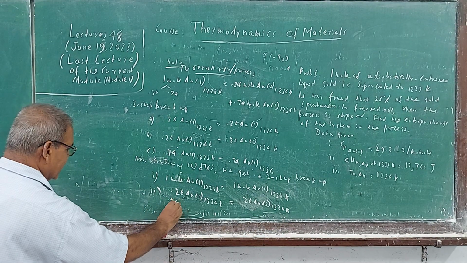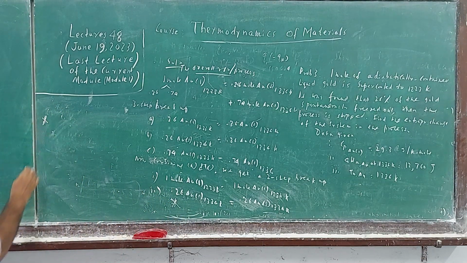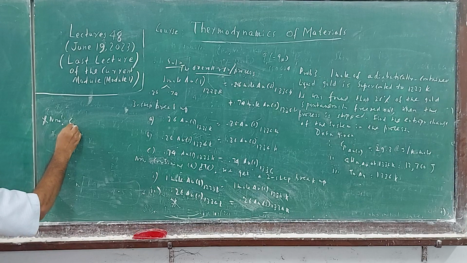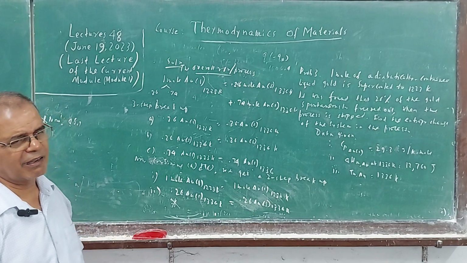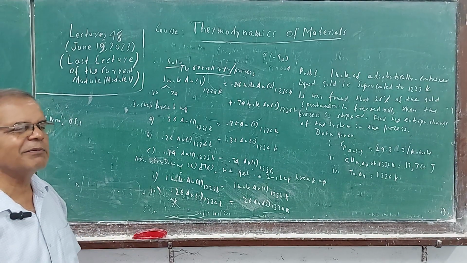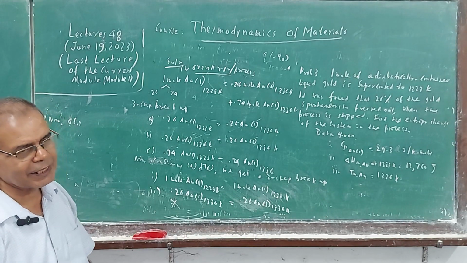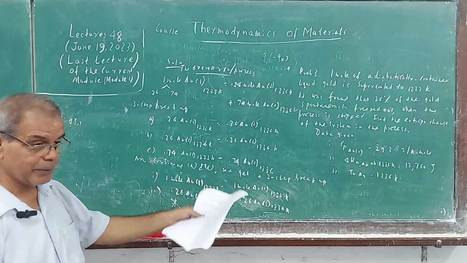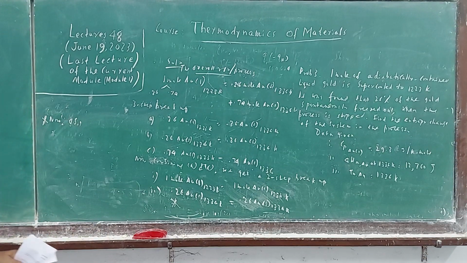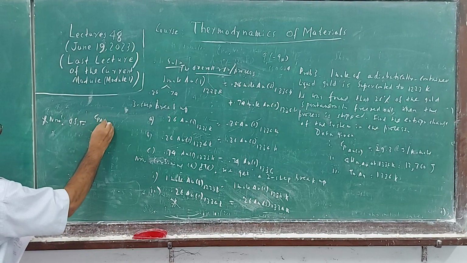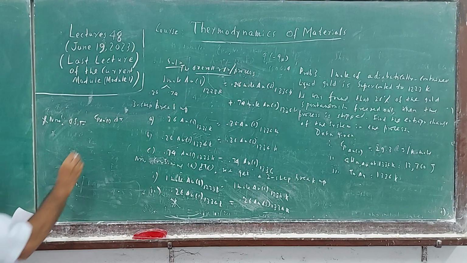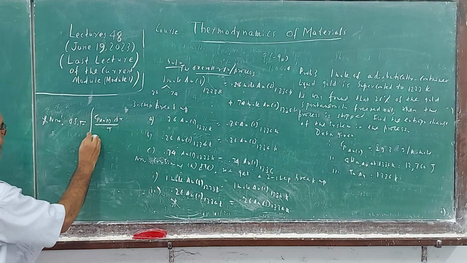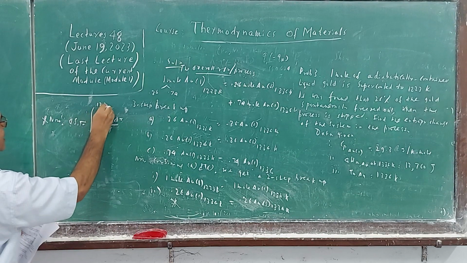Now delta S, step by step. The first is a heating type: enthalpy is Cp dT, and entropy is Cp dT by T, a constant pressure process, condensed phase. For 1 mole, it is the integral of Cp of gold liquid dT by T from 1223 to 1336.